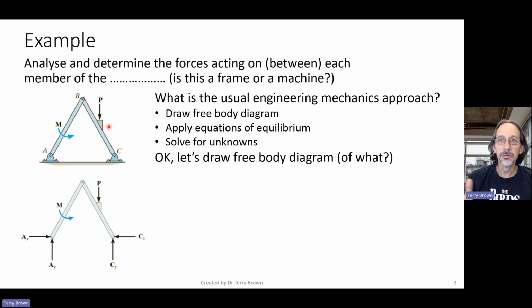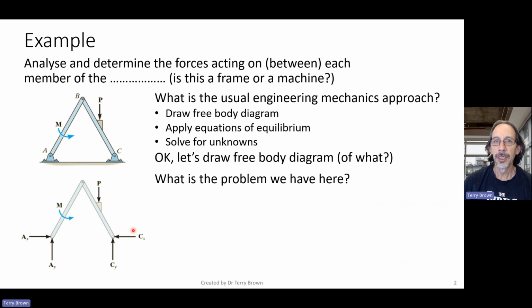I recommend that usually you would start with drawing a free body diagram of the entire frame or machine, and understand it as just one complete rigid body to start with. So if we did that in this case, we've got our two frame members here, take away the supports and replace them with the unknown reactions that we want to find.